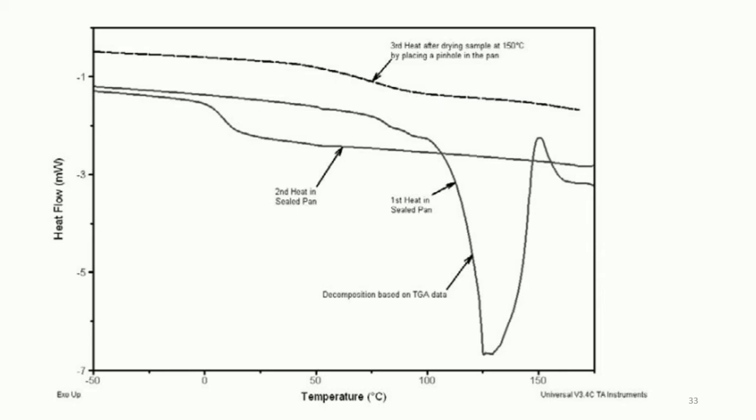Therefore, the analytical chemist evaluating the storage stability of the formulation would look for the development of a glass transition between 0 degrees Celsius and 100 degrees Celsius as the sample ages.